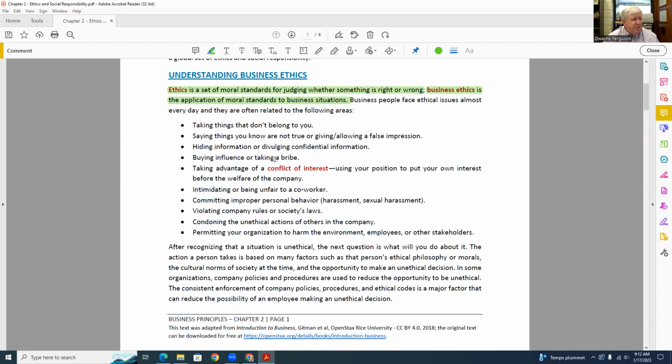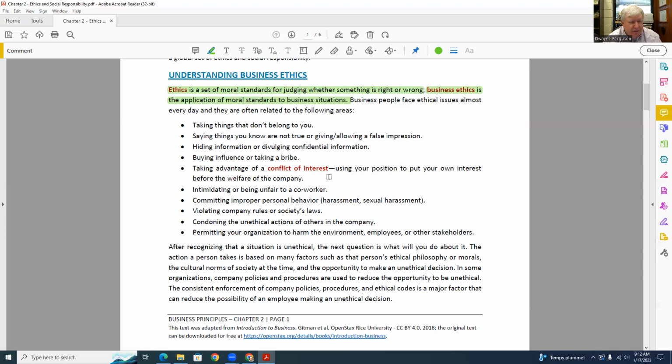Buying influence or taking a bribe. In a lot of countries, making a bribe or taking a bribe, that's just the way you do business. And in the U.S., we do have this problem, of course, but most people, I think, would think that is an unethical way to do business. Conflicts of interest, putting your own interest ahead of the interest of the company.